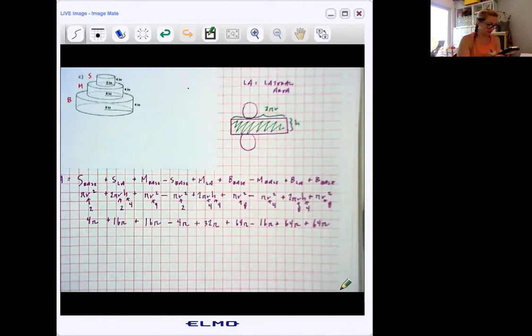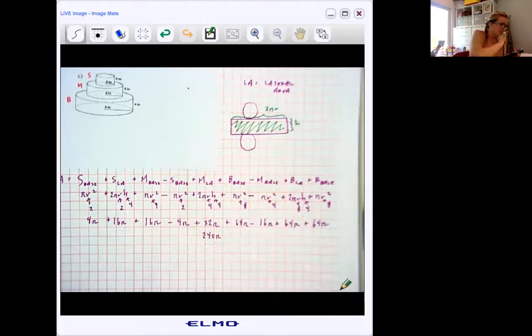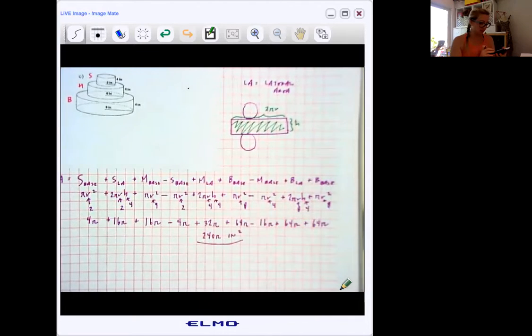So 4 plus 16 plus 16, minus 4 plus 32 plus 64 minus 16 plus 64 plus the last 64. So I'm getting 240 pi inches squared for the total surface area.